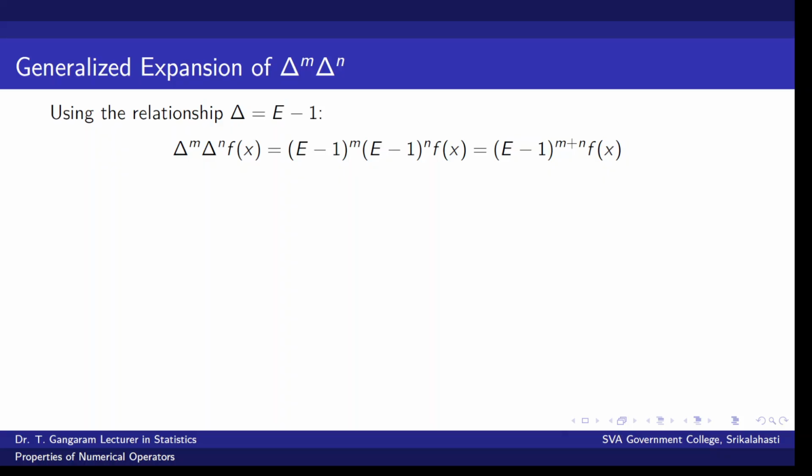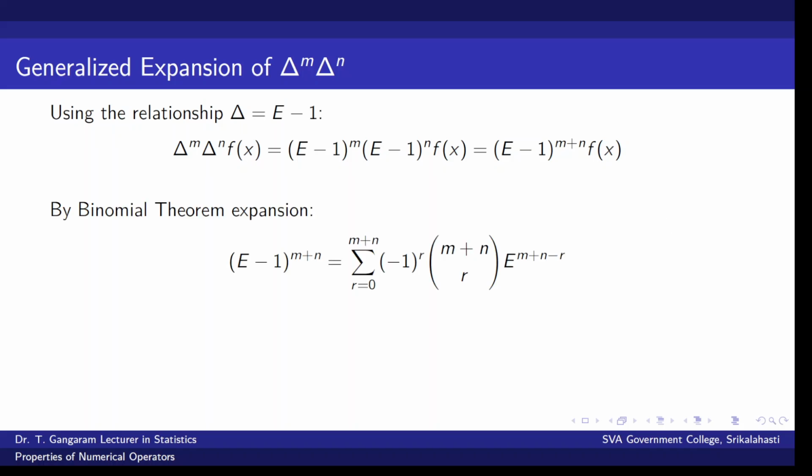By using the relationship delta is equal to E minus 1, we substitute E minus 1 in place of delta. So delta power m delta power n f of x is equal to E minus 1 power m, E minus 1 power n into f of x. From this, by commoning, E minus 1 power m plus n f of x.